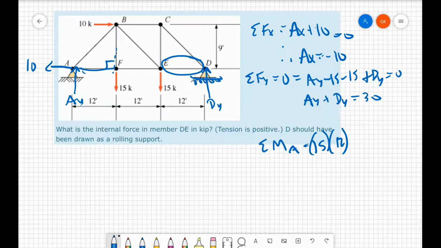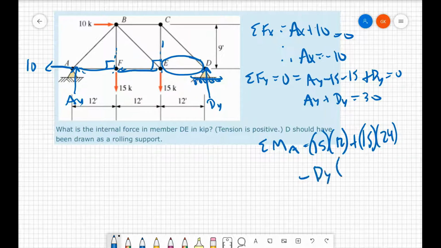So clockwise will be positive. Plus 15 times 24 minus DY times 36, and then don't forget this force right here.